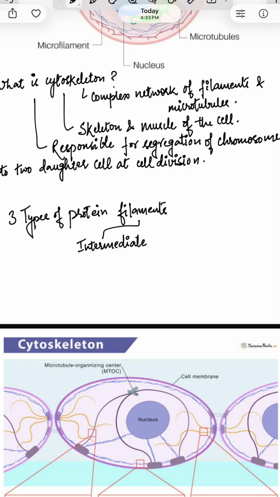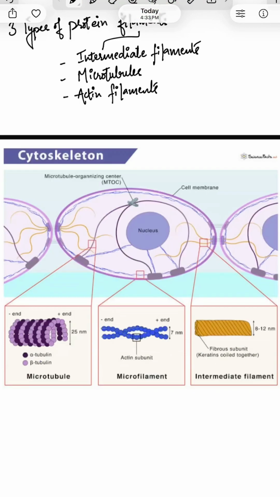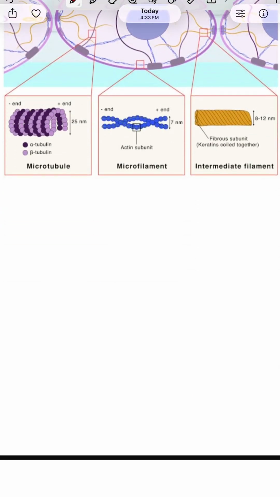So intermediate filaments, microtubules and actin: microtubules are 25 nanometer in diameter, actin is 7 nanometer in diameter, and intermediate filaments are almost 10 nanometer in diameter.